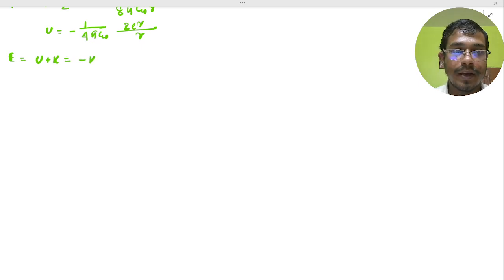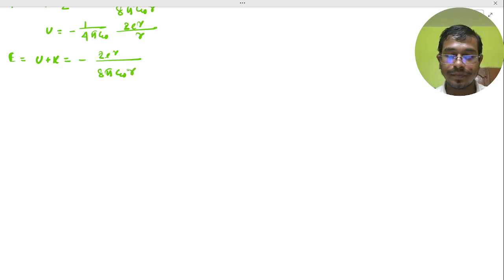So it becomes minus z e square divided by 8 pi epsilon naught r; the total energy is negative.